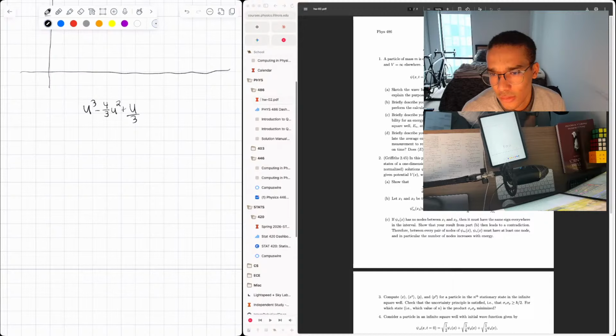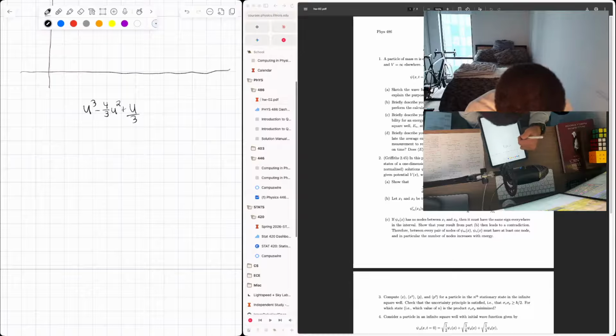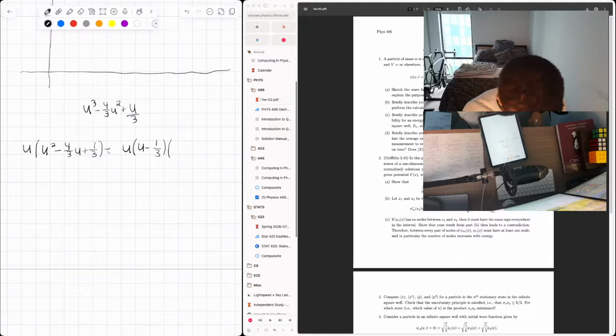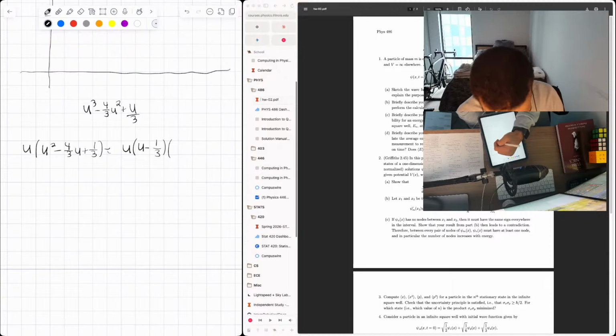So let me factor out a u, or u squared, which equals like u, probably u minus 1/3, u plus 1.